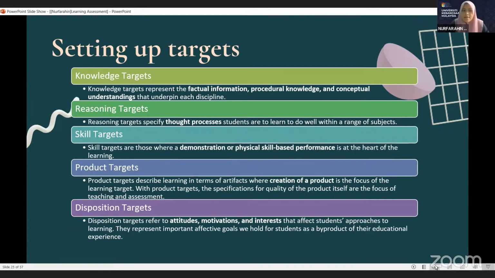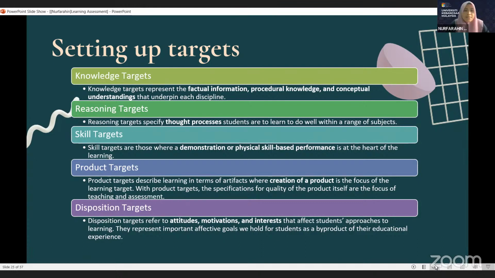The third targets are skill. Skill meaning that it is more physical skill-based performance, a demonstration. Perhaps skill targets are more relevant to physical education. Okay. Product targets is a type of target that focuses on creation of a product. So perhaps it's a module, perhaps a portfolio, a product of a book, of a mini book, a scrapbook.